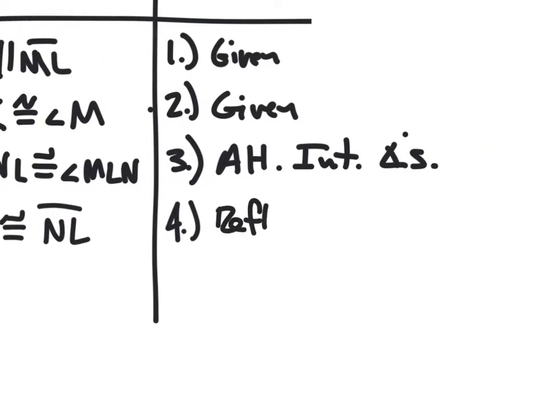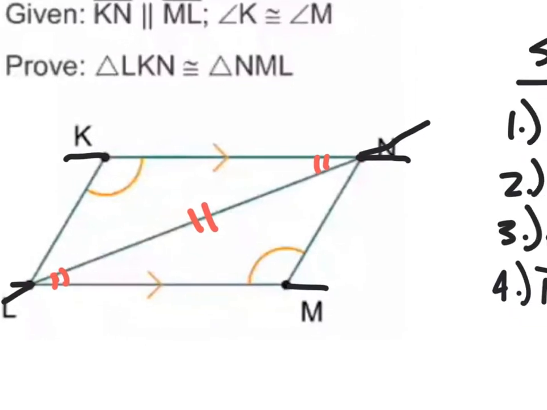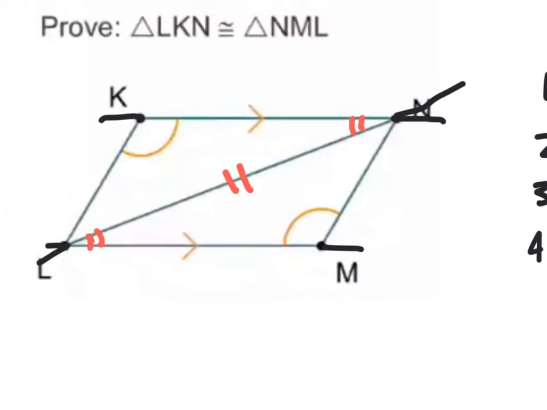The reason I wrote that down is because I'm trying to prove that these two triangles, LKN and NML, are congruent, but they share a common side, and that's an important thing to realize. So now that I have two angle measures and a side length, I can show that these two are congruent.